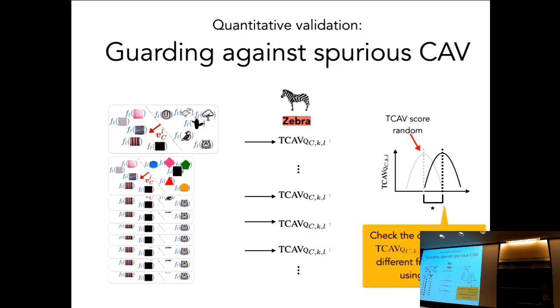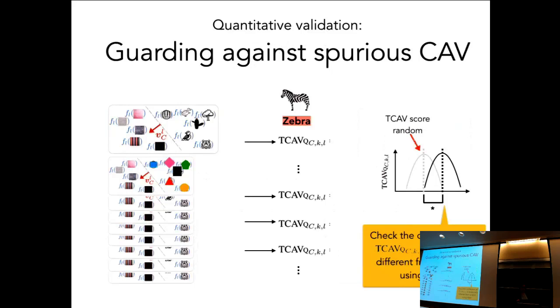You can train a random concept by selecting random pictures and training that against random pictures to find a random CAV. And if you compare and run a t-test to see whether the means of these two distributions are significantly different, if they're different, that means the vector you learned is likely different from random. It means something. Whereas if it's not, then you shouldn't be using this layer or the concept vector learned from the layer.